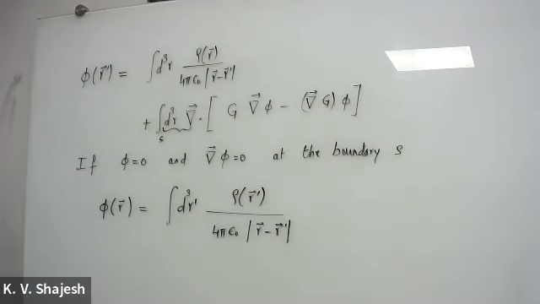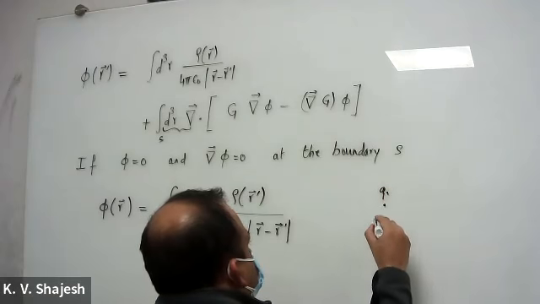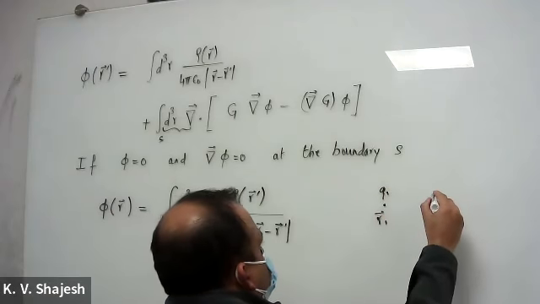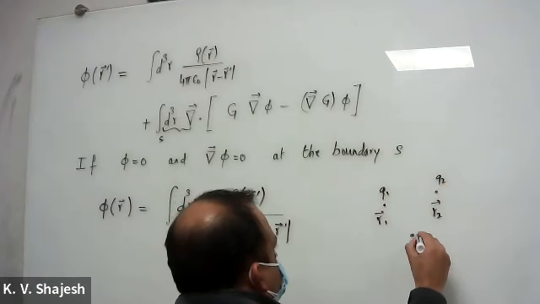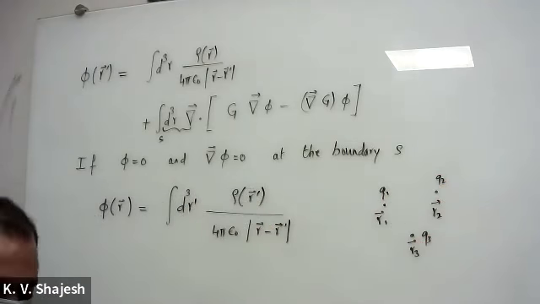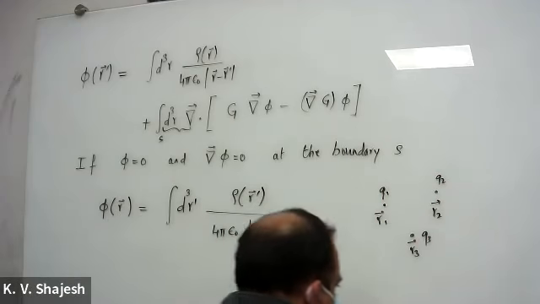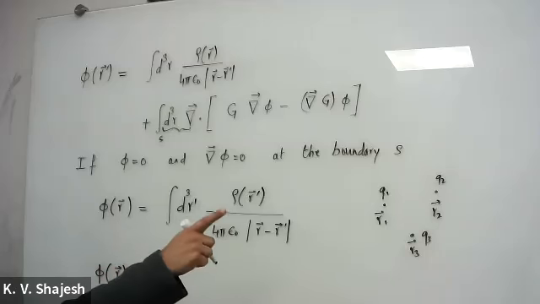Let's say you have charge Q1 at position R1, another charge Q2 at position R2, and then charge Q3 at position R3, and so on. If there are n charges, what's the electric potential due to that? The electric potential at position R is the sum of all of them.